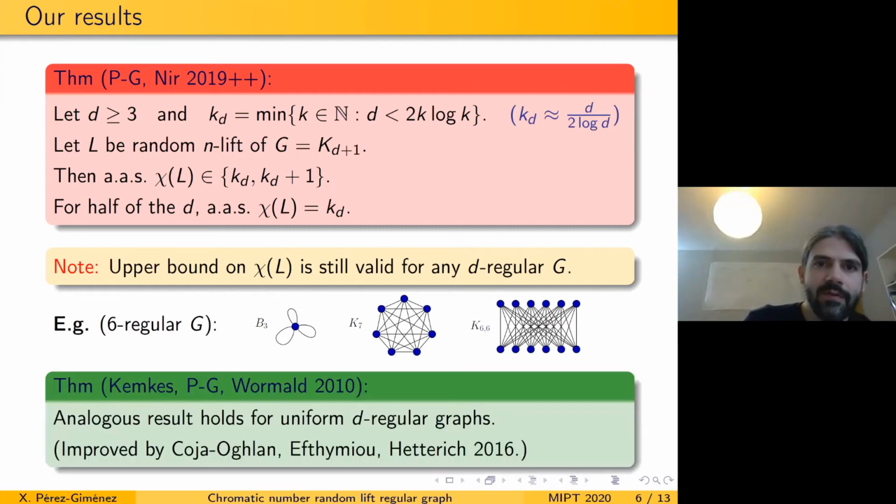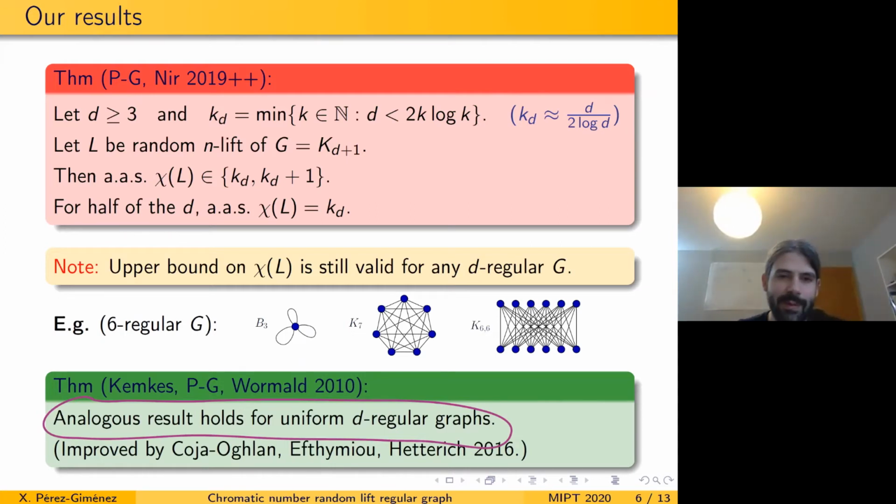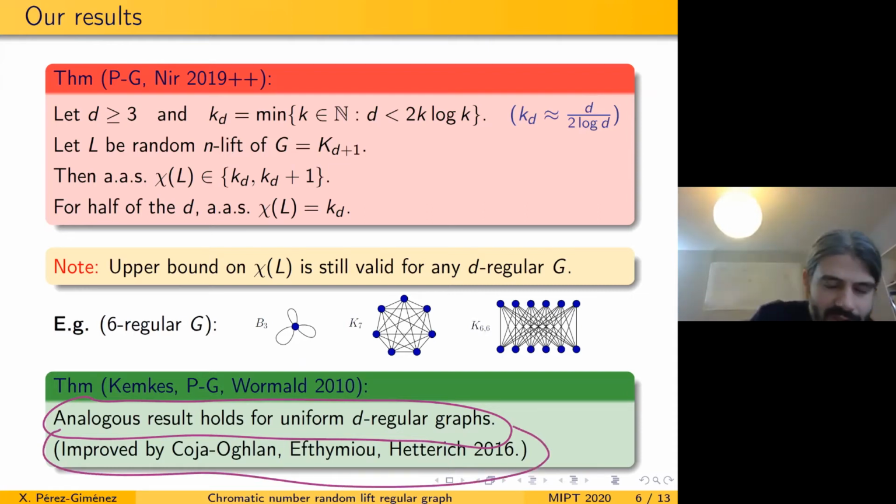So if instead of taking a random lift of the complete graph, you took a random lift of the bouquet with D over 2 loops, let's assume D is even for simplicity, then this random lift would be just the regular model of D-regular graphs. So what we would be recovering is some analogous results that we proved for uniform D-regular graphs with Graham Kemkes and Nick Wormald some time ago, which were improved by Amin Coja-Oghlan and two of his co-authors.